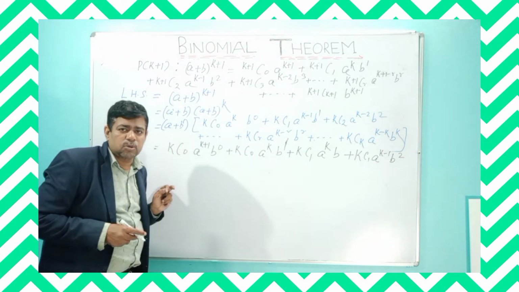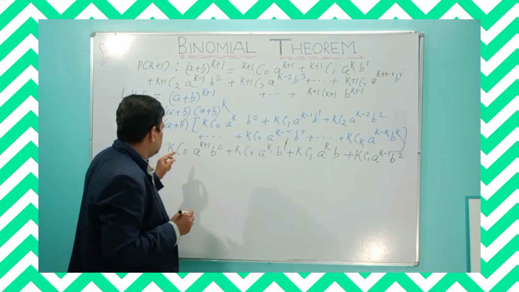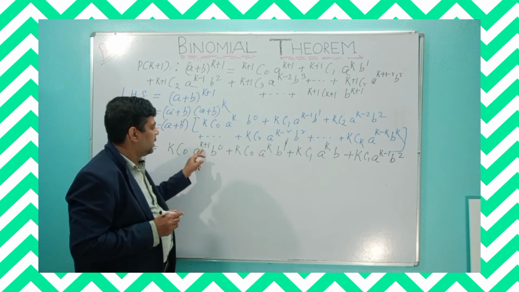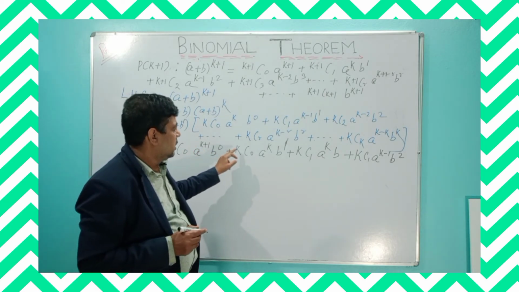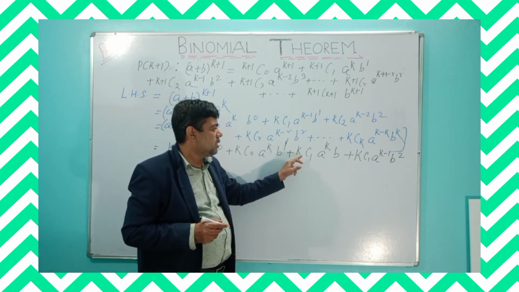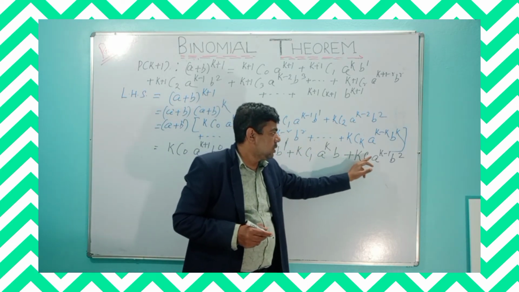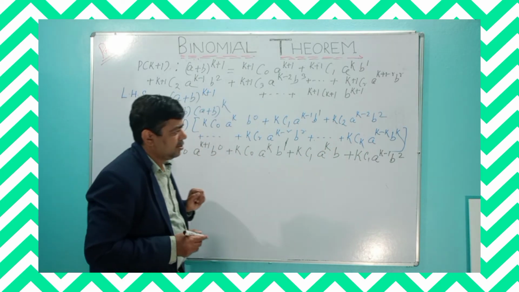Very simple according to laws of exponent. Right? Okay, let us see: kc0 a to the power k plus 1 b to the power 0, kc0 a to the power k b to the power 1, kc1 a to the power k b to the power 1, and kc1 a to the power k minus 1.